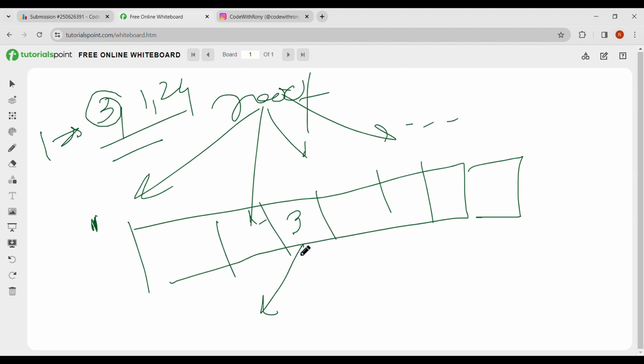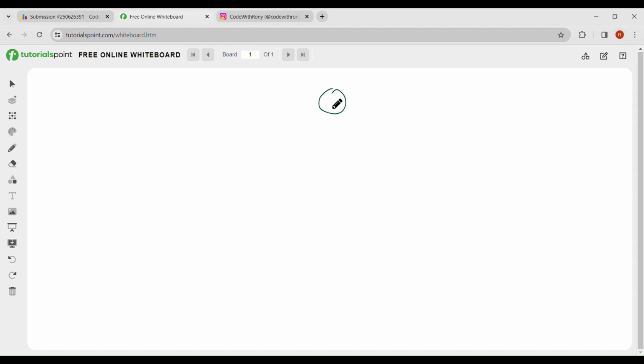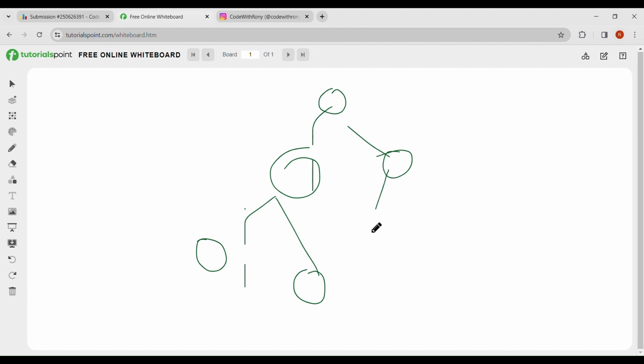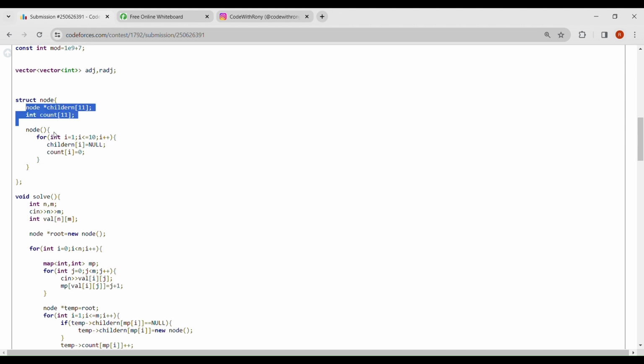For this one also we will create its 10 children. Similarly there will be a tree structure, with one tree, its own children, then their own children, and this way you form one tree. So basically I am forming one tree, a node which has 10 children.